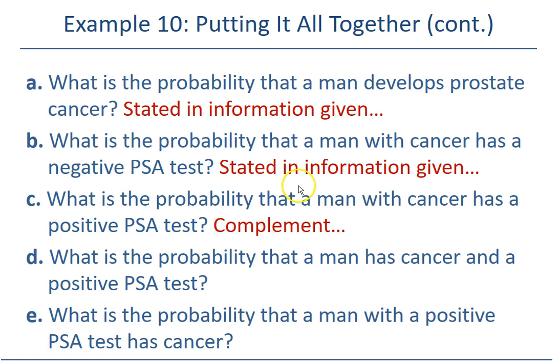What is the probability that a man with cancer has a positive PSA test? Well, I'm going to give you some background on this because this relates to a couple of things. And we're going back to our Venn diagram.